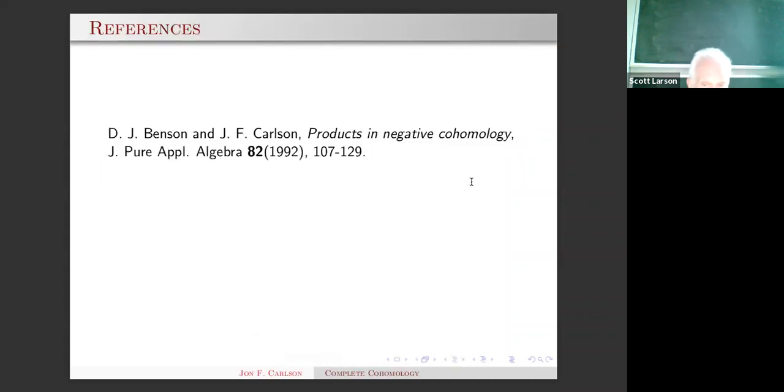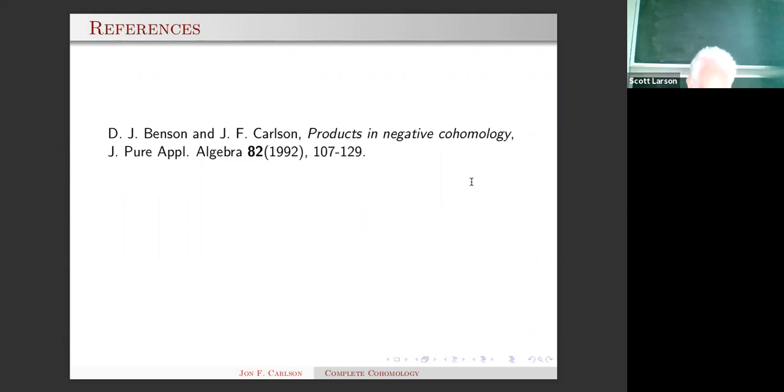There we go. Okay, so it's a sequel to a rather old paper that Dave Benson and I wrote almost 30 years ago on products in negative cohomology. In fact, this is one of our most cited papers for various reasons.